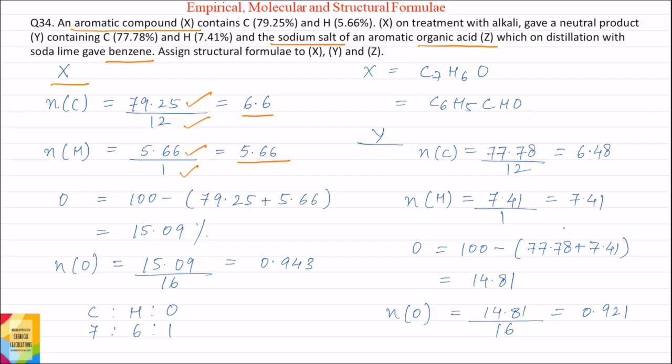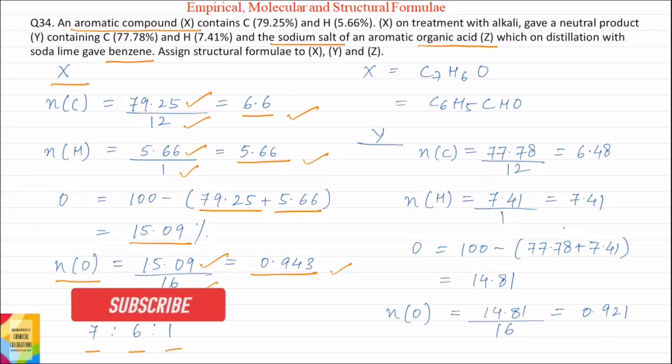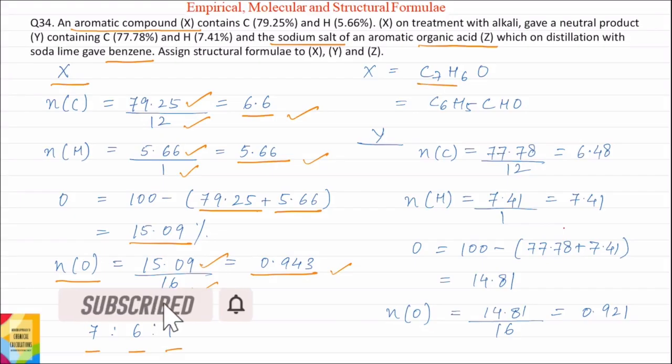Percentage of oxygen is equal to 100 minus percentage of carbon plus percentage of hydrogen, which is equal to 15.09%, and therefore moles of oxygen is equal to percentage of oxygen divided by atomic weight of oxygen, which is equal to 0.943 moles. अब moles of carbon, moles of hydrogen और moles of oxygen को divide कर देंगे 0.943 से. So we get a simple ratio of the moles of carbon, hydrogen and oxygen, which is equal to 7:6:1. X का molecular formula हो जाएगा C7H6O.